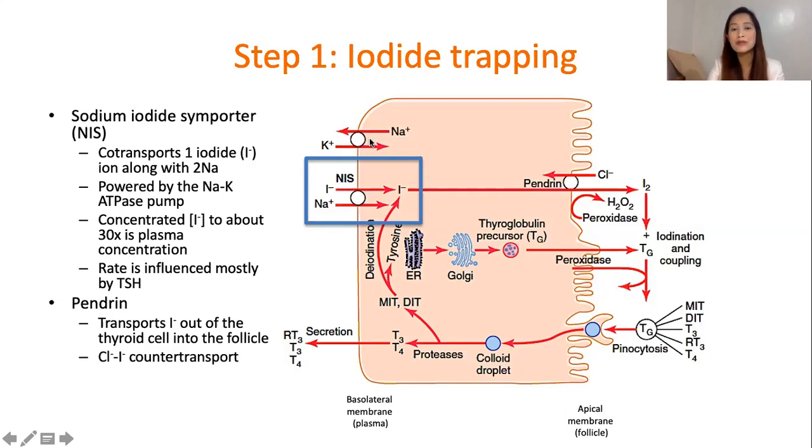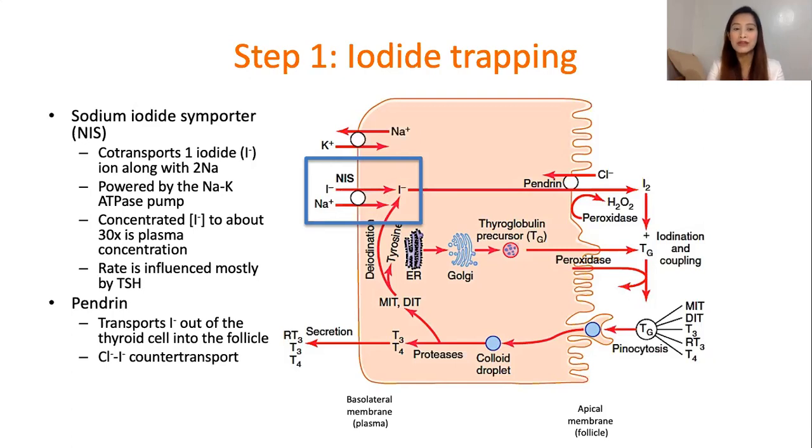The sodium potassium ATPase pumps out the sodium, and the gradient of the sodium will drive the symporter for the sodium to go inside, and with it, it will bring your iodide ion. The sodium iodide symporter is able to concentrate the iodide to about 30 times its plasma concentration.